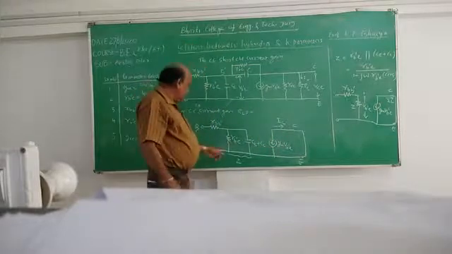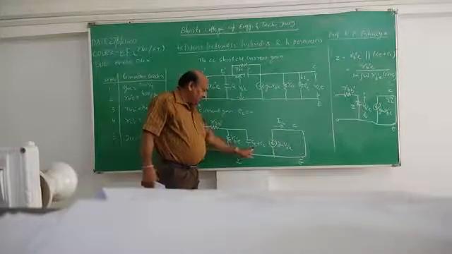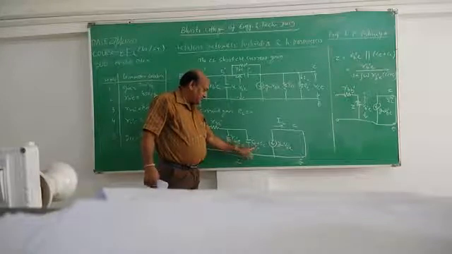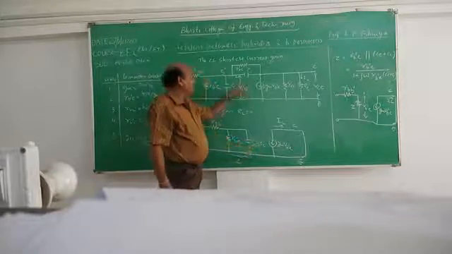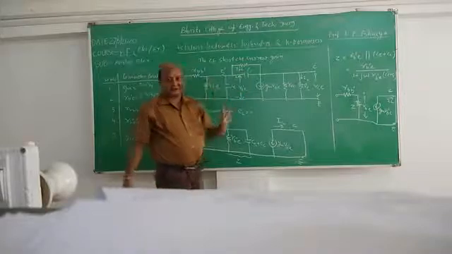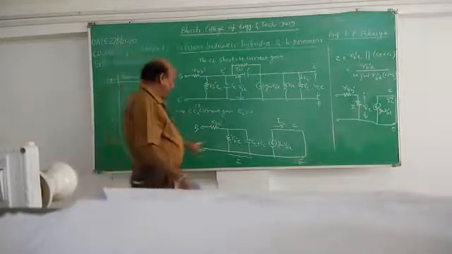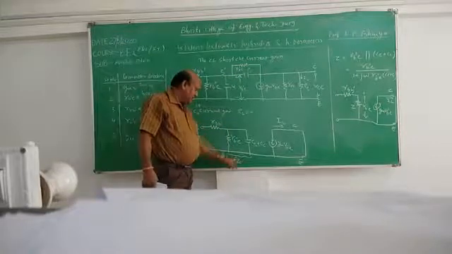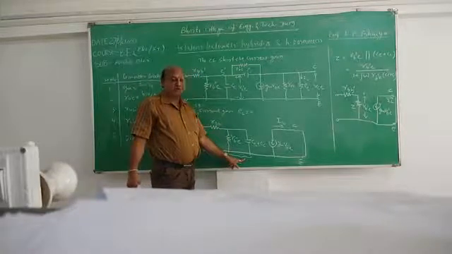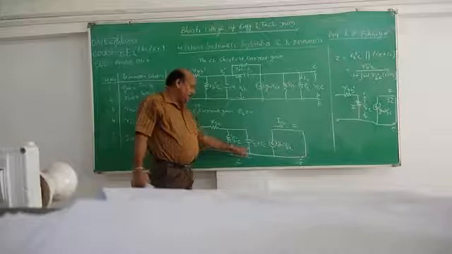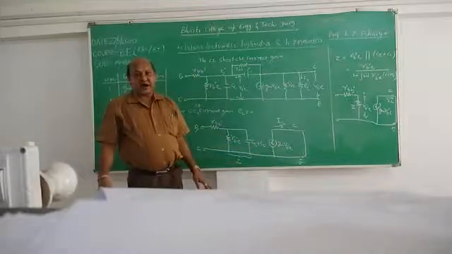Here you can observe this RB'E and this CE plus CC. This CE plus CC is the parallel combination of CE and CC after RL is equal to 0, after the output is shorted. And now again I will get Z, that is the equivalent impedance when RB'E and CE plus CC are in parallel.